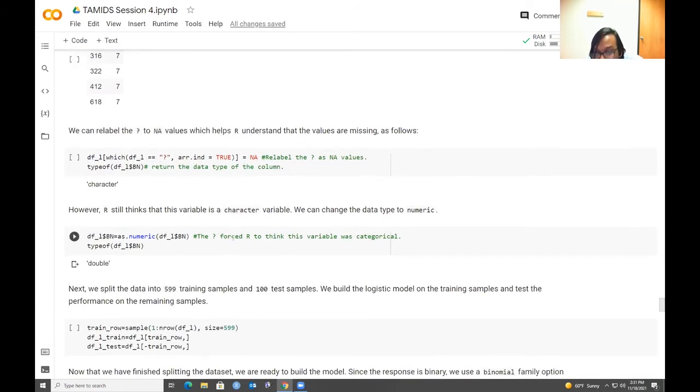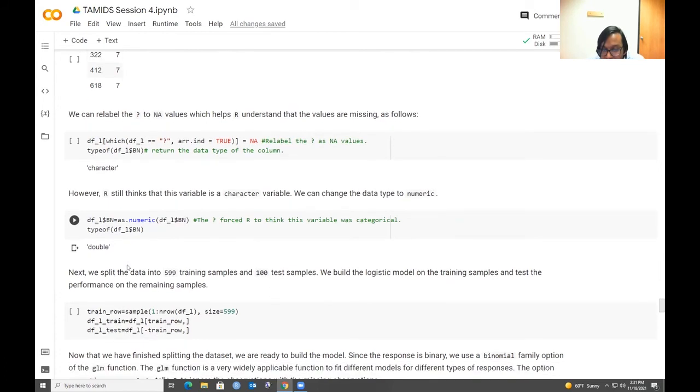So we have to tell R specifically that df_L$BN is actually numeric. So I set it as a numeric vector, as.numeric helps R understand that these values are actually numeric. Next, when I try typeof on the data now, it shows double, which is what we want, that these are actual numbers.